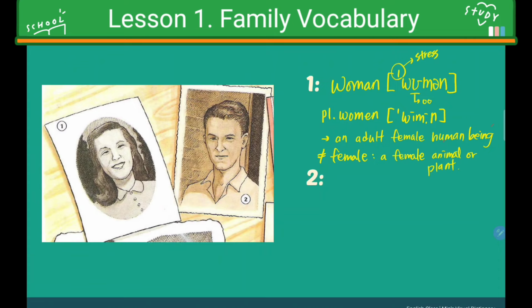So when you want to use female with regard to a human being, then use it as an adjective. For example, you can say someone is a female doctor, a female nurse.